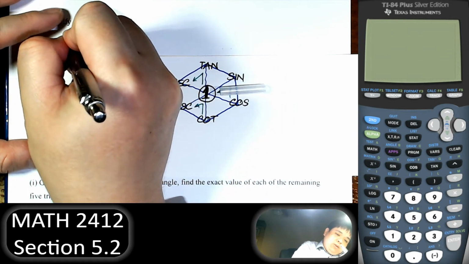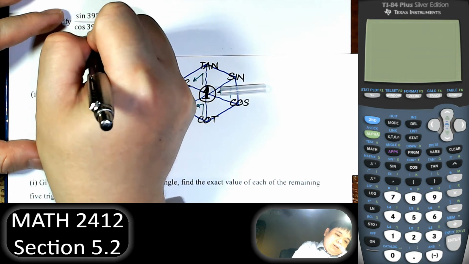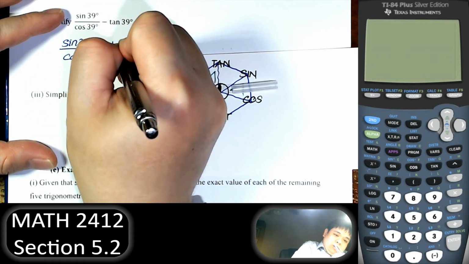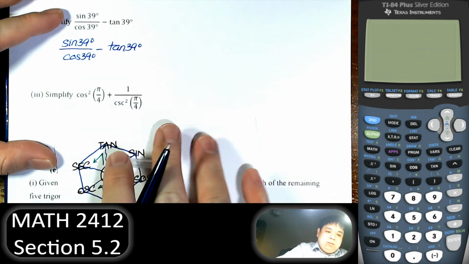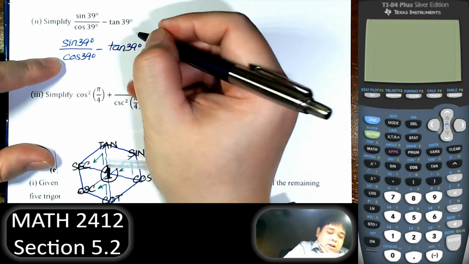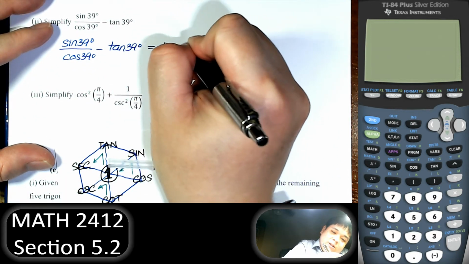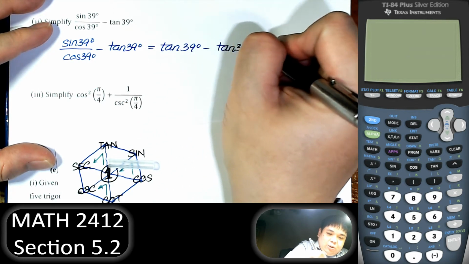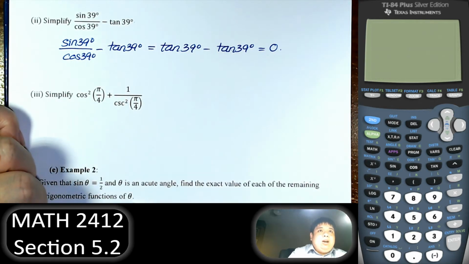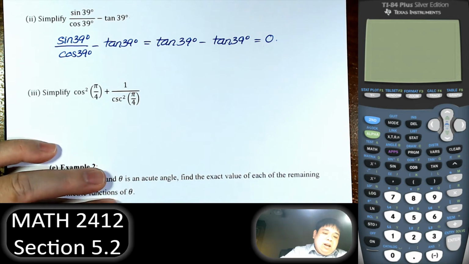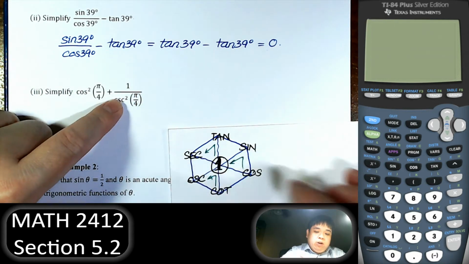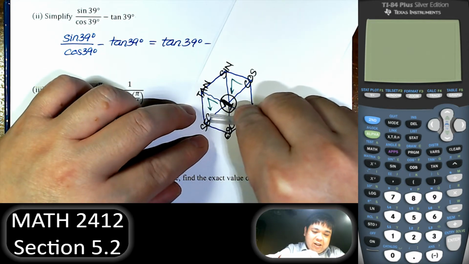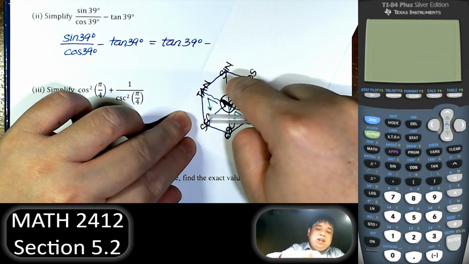So this is equal to sine over cosine is tangent, and subtracting itself is equal to 0. Right. Next we have the ratio of 1 over cosecant. So we rotate this where we have the 1 over cosecant, and 1 over cosecant is sine.